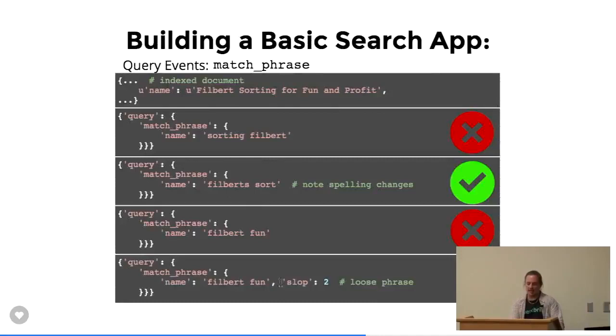But you can add this notion of slop, and everyone chuckles when I do that one. That's what it's called. You can add slop, and it'll find any document that has these two words within a space of two. And you can go nuts with this.